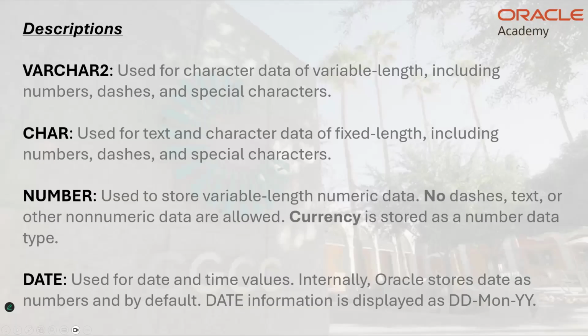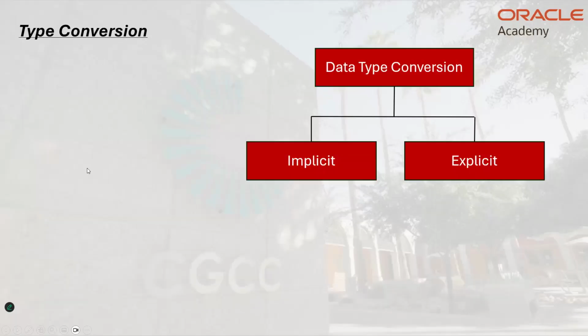But the display, if you're using the date data type, is always the day, a 3-character month, and the year. Are there any questions about that? Any concerns or confusion? Okay, not seeing anything in the chat. We will continue.